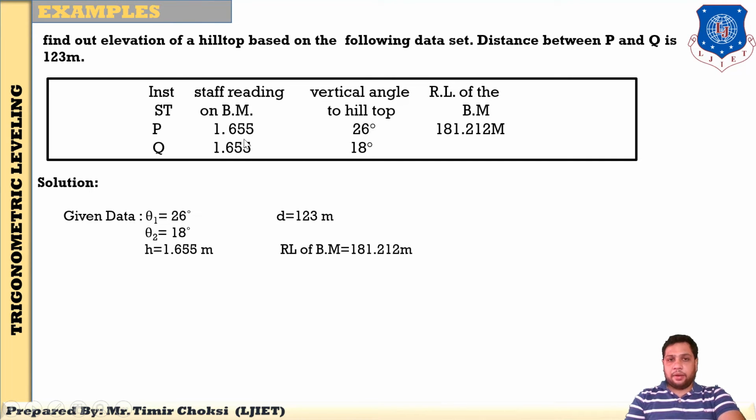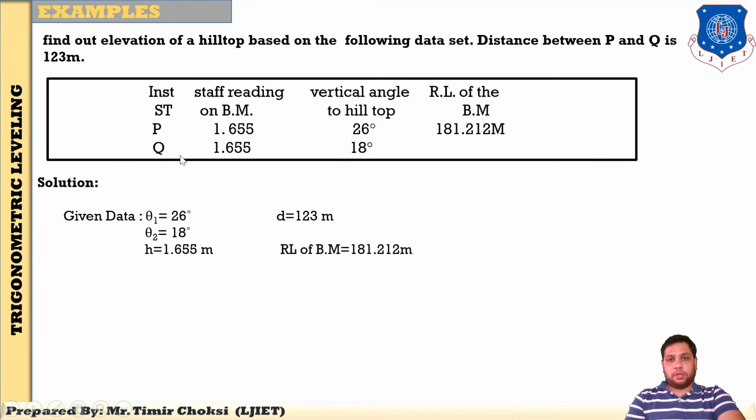Why? Because instrument X is at the same level. Vertical angle to the hilltop means the angle of elevation from station P, so it is 26 degree, and the vertical angle from station Q is 18 degree, and RL of benchmark is given as 181.212 meter. So this is the given data.